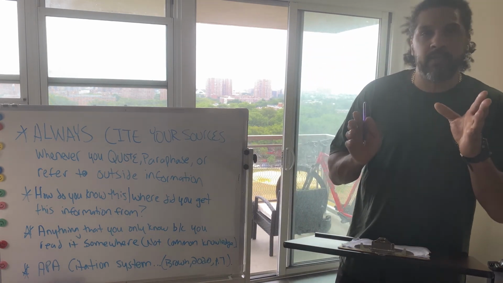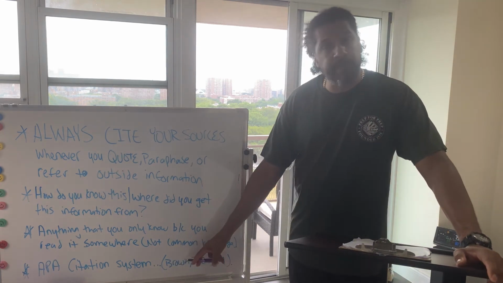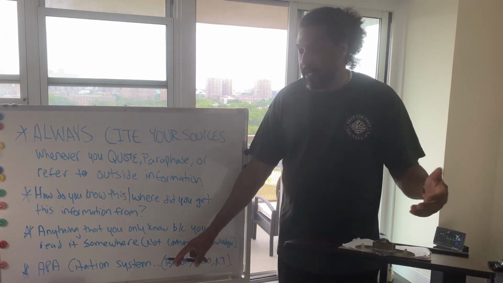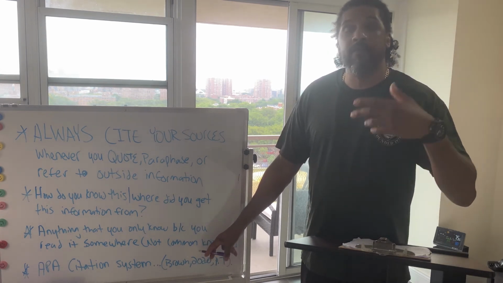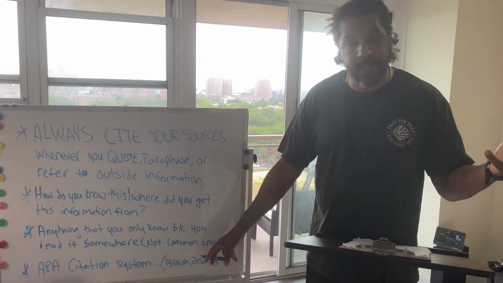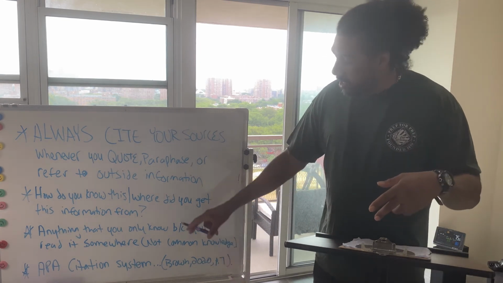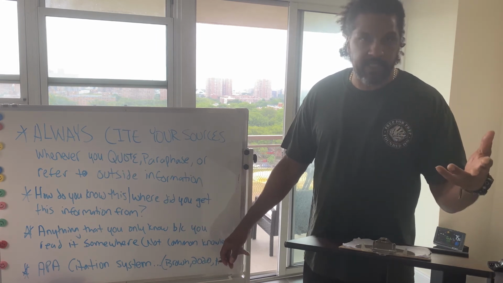It's simple enough to do. Open parentheses, Smith, the author's last name, comma, the year of the publication, the year that that quote was published in, so let's say 2020, comma, and then the appropriate page number, page 7 in this case.